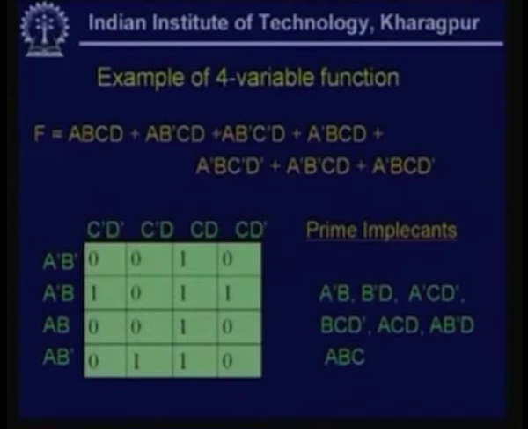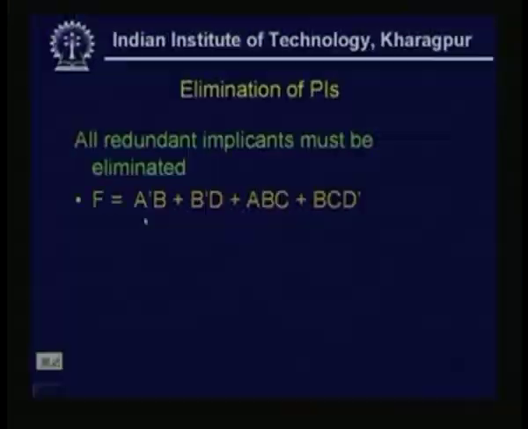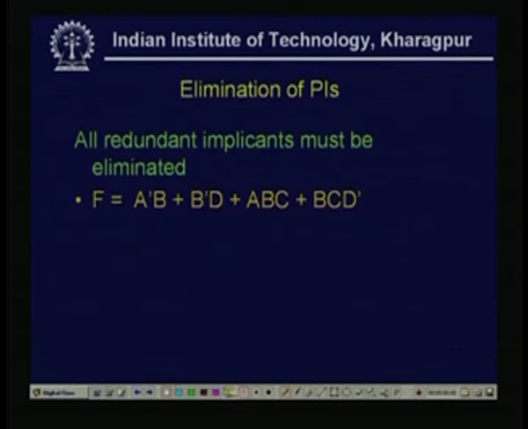We are taking this one, this one, and this. Now, see, this is A bar B bar, B bar D, ABC and BCD bar. So, these are reduced to.